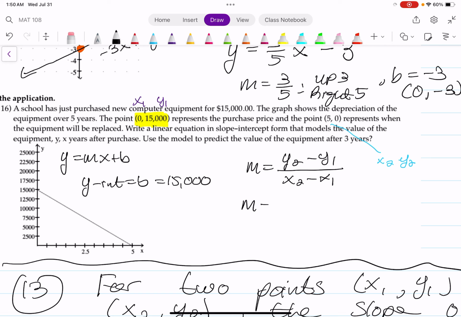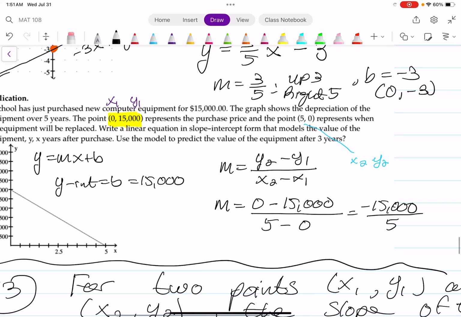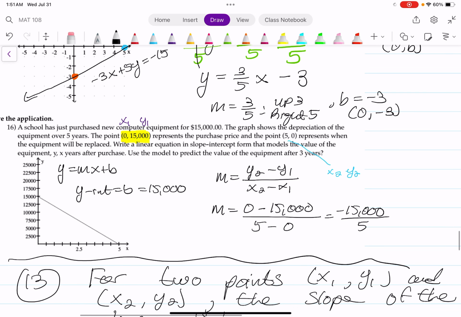So our slope equals 0 minus 15,000, y2 minus y1, divided by x2, which is 5, minus 0, which is x1. Negative 15,000 divided by 5. Let's zoom out a little bit. That equals negative 3,000.